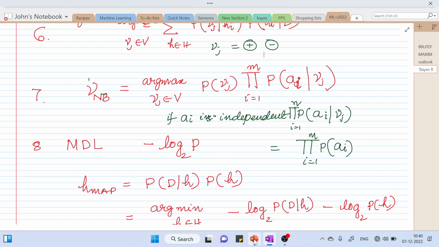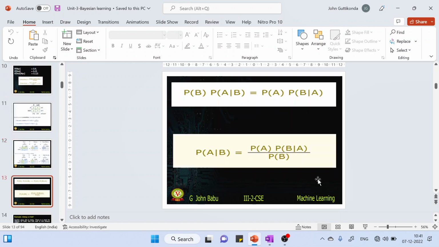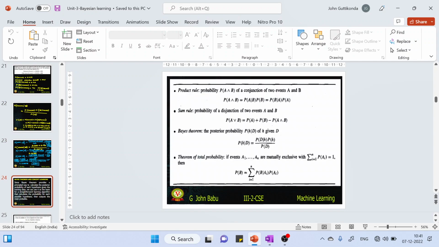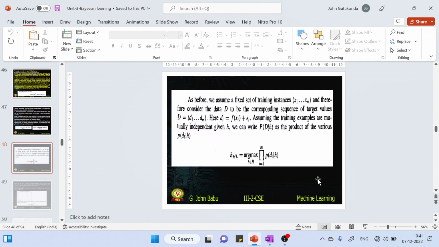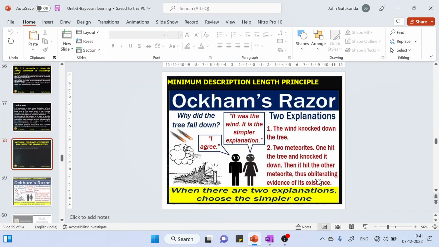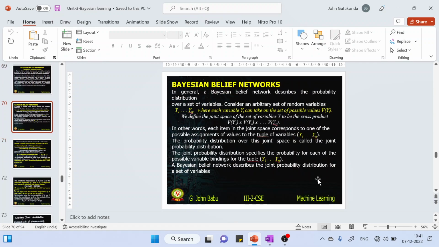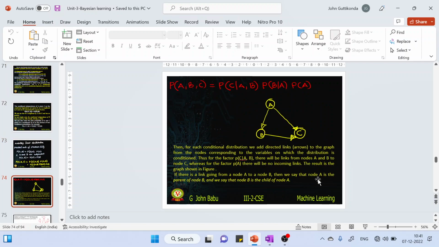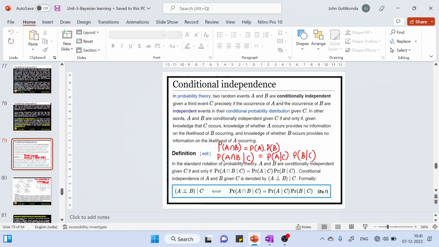And then we defined yesterday a term called conditional independence.